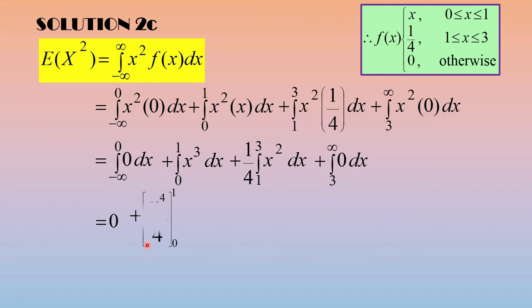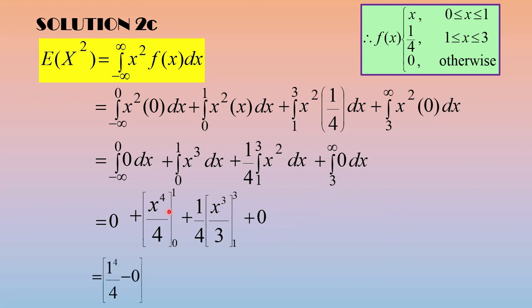We have x to the power of 4 over 4 from 0 to 1, plus integrate x squared, we have x cubed over 3 with the constant 1 over 4 in front from 1 to 3, plus 0. Substitute the value of 1 minus 0. Then you substitute the value of 3 minus 1 inside the function. And you have the expected value for x squared is 29 over 12. Okay.